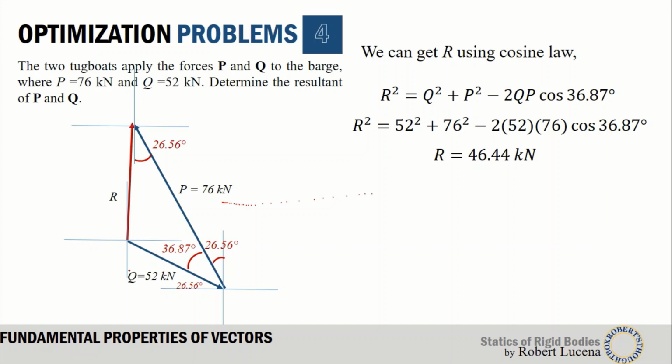Since we have the magnitude of Q, the magnitude of P, and the angle opposite to R, we can solve the value of R. So R squared equals Q squared plus P squared minus 2QP cosine 36.87 degrees. Substituting the values, Q is 52 and P is 76, and directly substituting this, we get the value of R equal to 46.44. Now we have the magnitude.